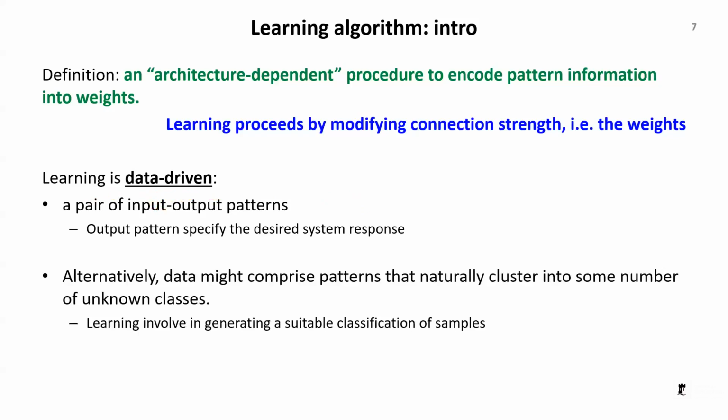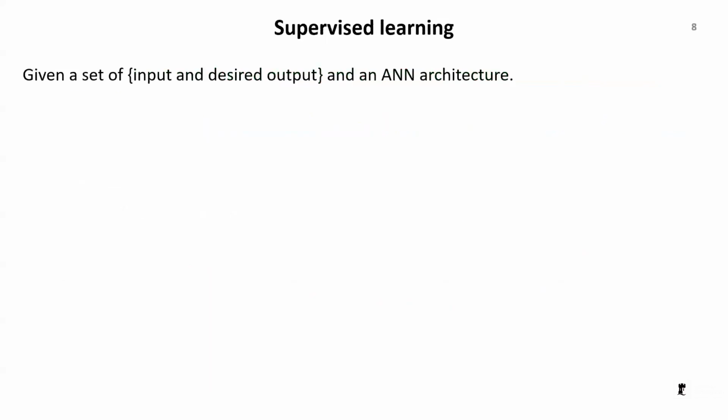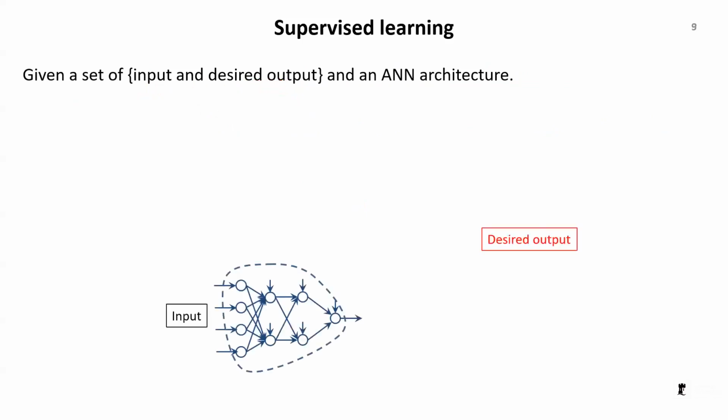Alternatively, there are other types of learning where you only need the input, not the output, and those are unsupervised learning. Usually that involves clustering into a certain number of unknown classes, but that's not the kind of work we want to do. We want to do supervised learning, and to do that, we need both the pair of the input and the target, the desired output.